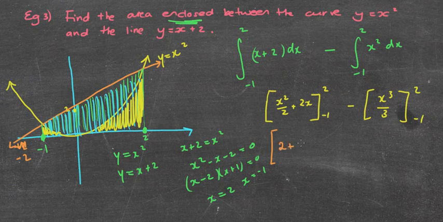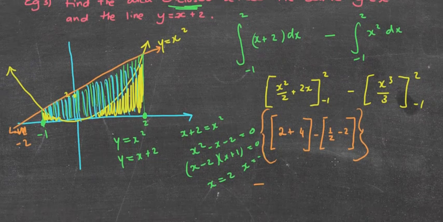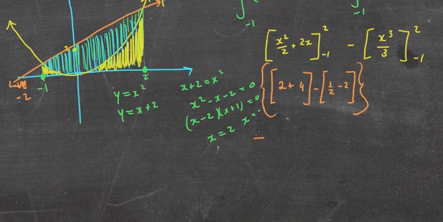And then 2 times 2 is 4, minus, and then negative 1 squared is 1 over 2 plus negative 2. Okay, so that's my first one. You can do this in two separate hits if you wish. I'm running out of room there, so I'll scroll that up a little bit. I'll be subtracting the right-hand side one now.